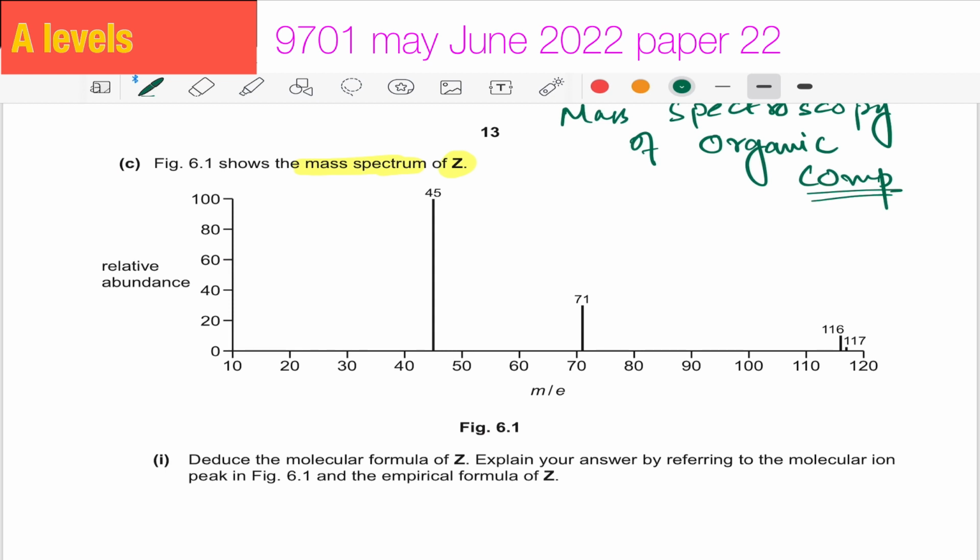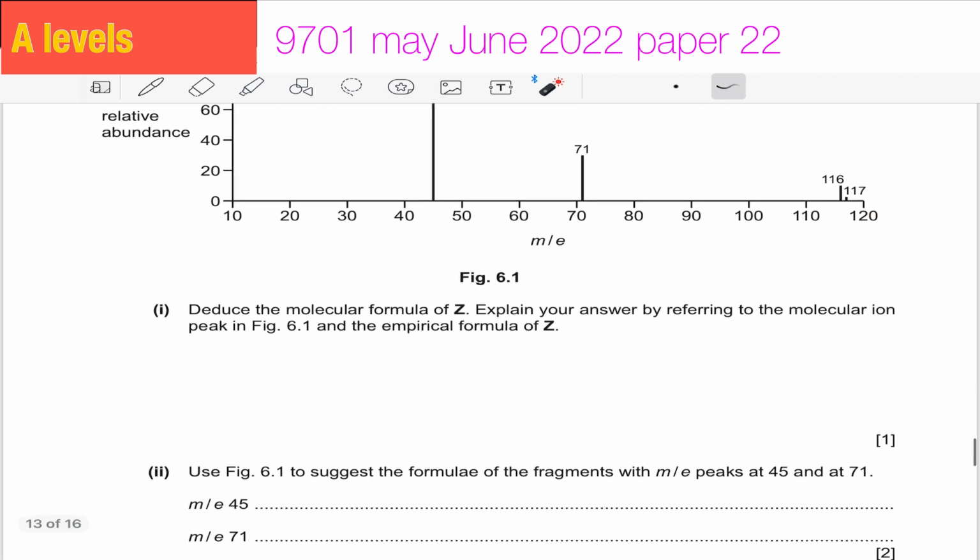We have four peaks here: at 45, 71, 116 and 117. Now they're asking us to deduce the molecular formula of Z, explaining the answer by referring to the molecular ion peak in figure 6.1 and the empirical formula of Z.